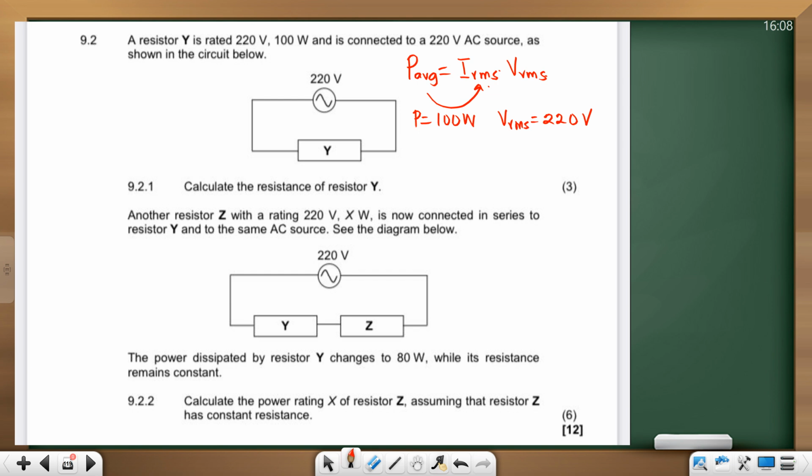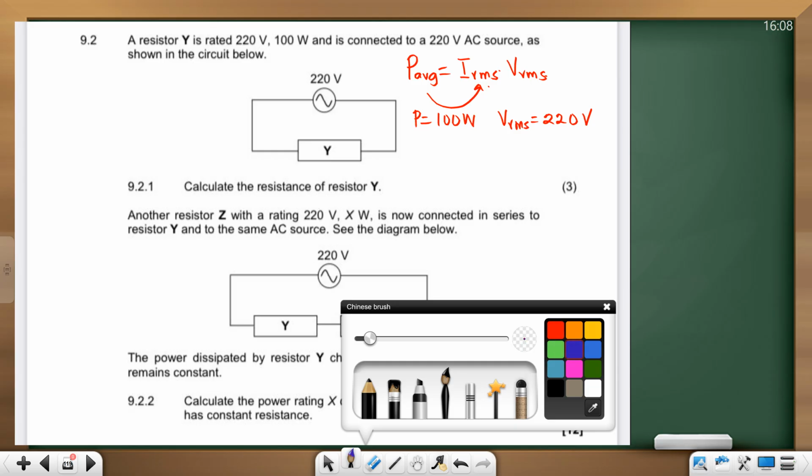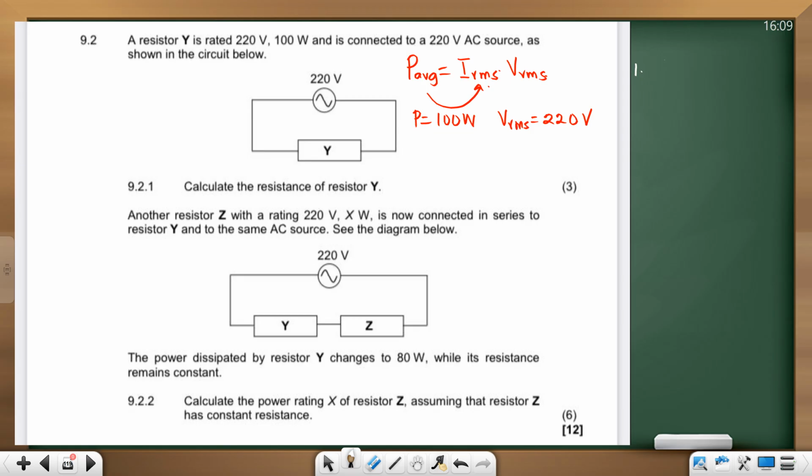Okay, as shown in the circuit below. Calculate the resistance of Y. Use your electric circuit formula. I have V, I have P, and I'm looking for what? R. I'm sure we know the formula. Do we know? P average equals to what? I know V, V RMS. Don't write V, V RMS over R. Use your electrical circuit formulas there.